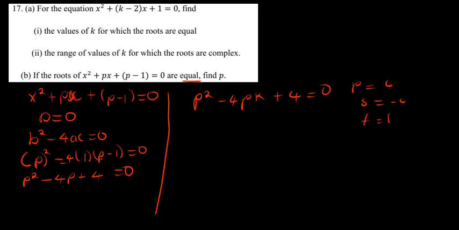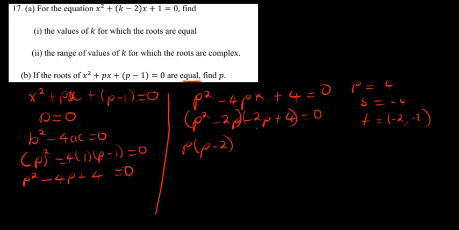What are the factors? The factors are negative 2 and negative 2. So it will be p squared minus 2p minus 2p plus 4 equal to 0. Then after doing that, what's common? It will be p there, p minus 2. Then what is there? That is 2 there, right?